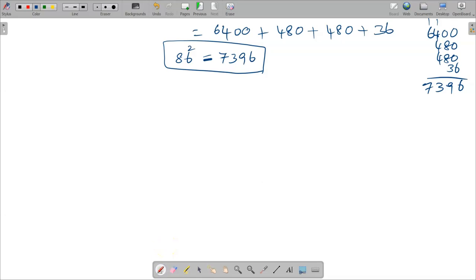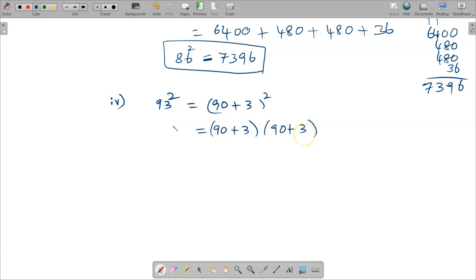Third problem is over, and then the fourth problem is 93 square, right? So 93 square, 90 plus 3 the whole square, which I can write as 90 plus 3 into 90 plus 3, right? 2 times.